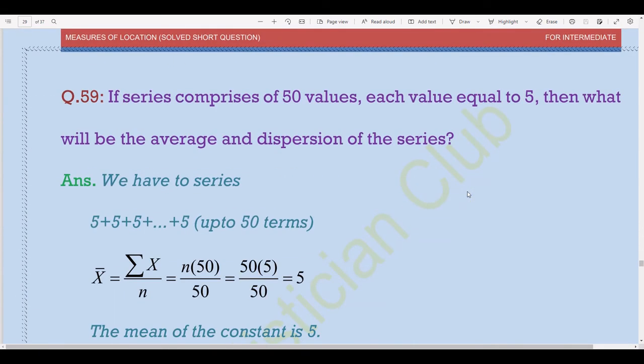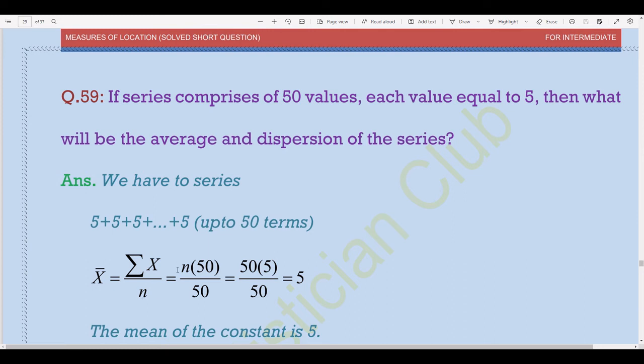Question 59. If a series comprises 50 values, each equal to 5, then what will be the average and dispersion of the series? The average, as you know, x bar is equal to sum of x over n.